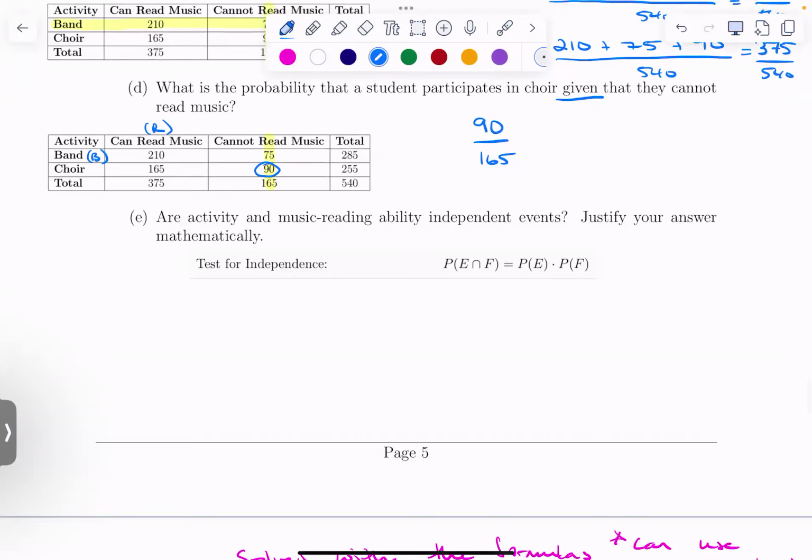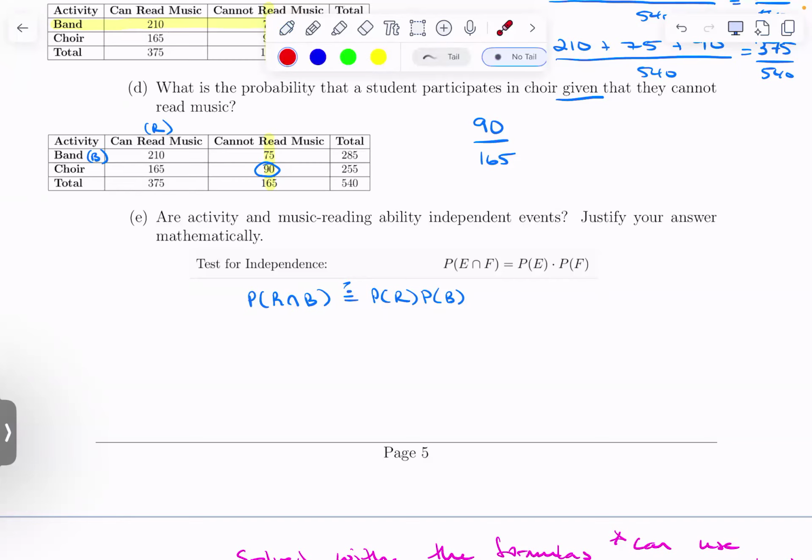Then it can be R and B. So, the test for independence, if the probability of R and B, right, for my pun, is the same as the probability of R times the probability of B, right? Probability of R and B, is it equal to the probability of R times the probability of B? Which means I need all three of those probabilities, but I have those from the table.